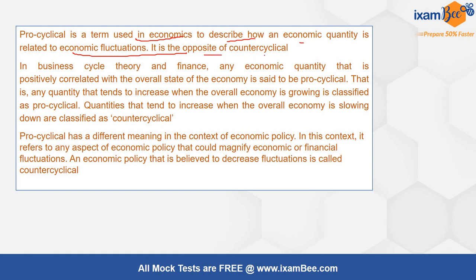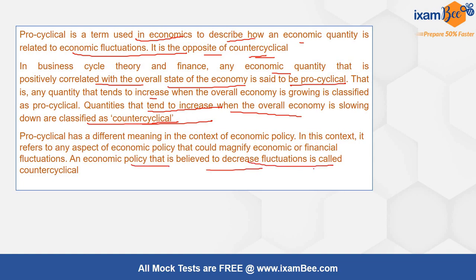It is opposite to counter-cyclical. Counter-cyclical means if the economy is doing well and some stock is doing badly. So economic activity that is positively correlated to the overall state of the economy is said to be pro-cyclical. Quantities that tend to increase when the overall economy is slowing down are called counter-cyclical. Any economic policy that is believed to decrease the fluctuations is called counter-cyclical.